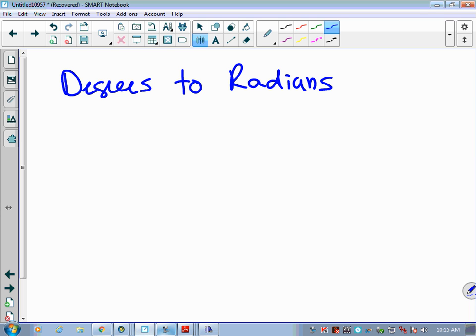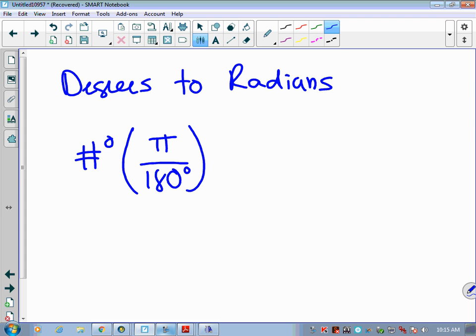So if we have degrees and we want to convert to radians, we're going to take our number of degrees and multiply it by pi and divide it by 180 degrees. So our number of degrees times pi divided by 180.